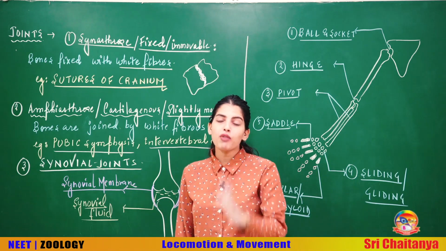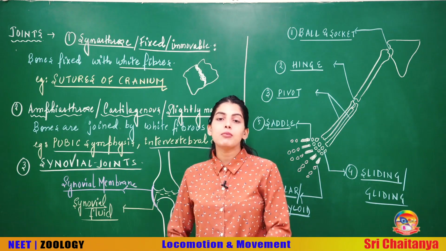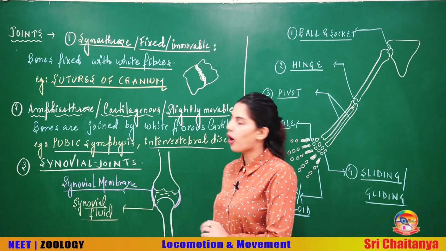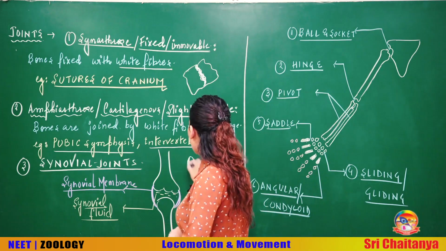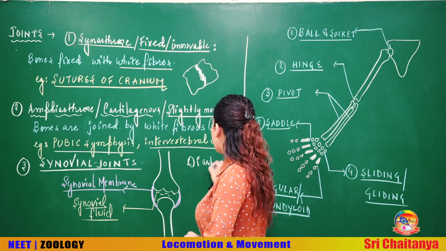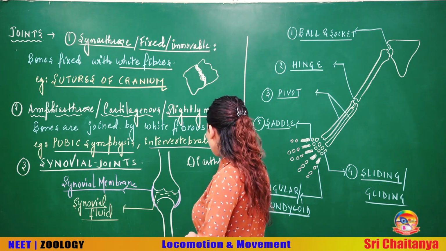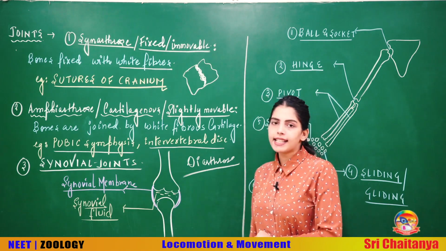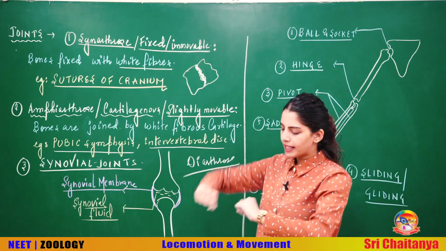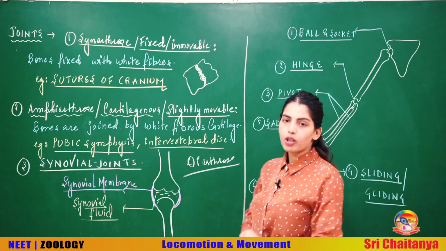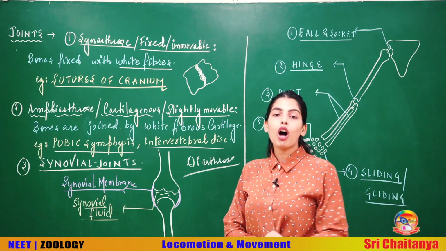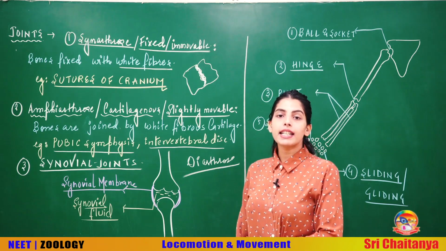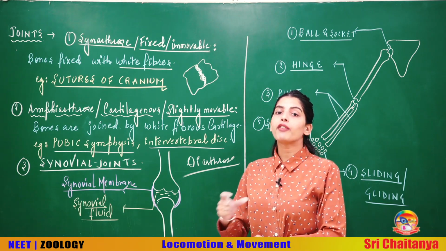Now the type of joint which is going to show the maximum movement is called the synovial joint, or in terms of arthrose, the diarthrose joint. So maximum movement, diarthrose joints. Why is it called synovial joint? You will see that there are two long bones, and in between these two long bones there is a fluid.